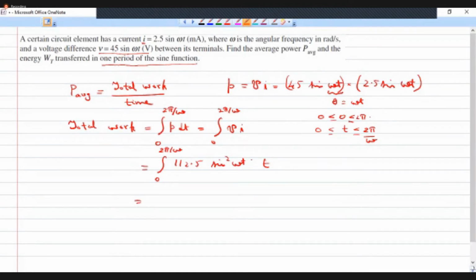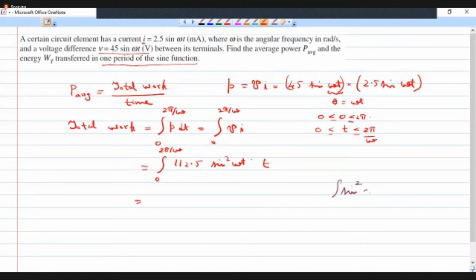Remember this integral. You can use cos 2 theta is equal to 1 minus 2 sin square theta.